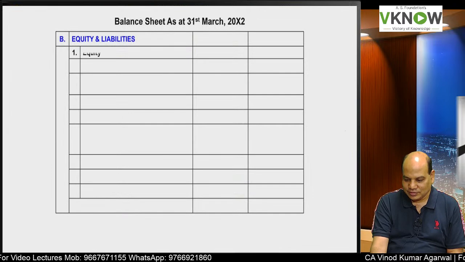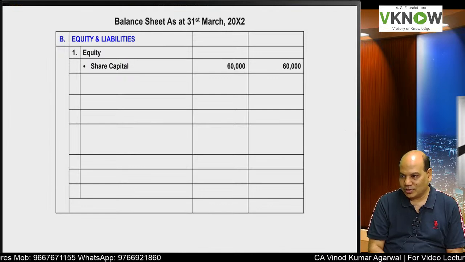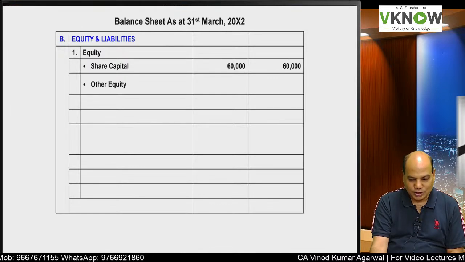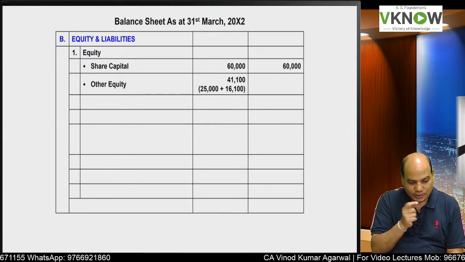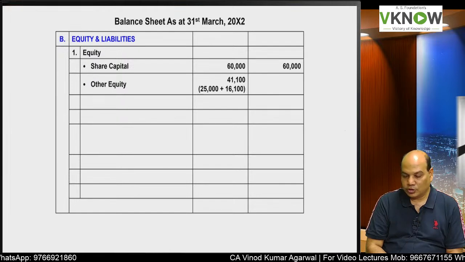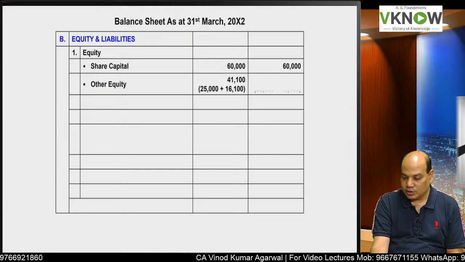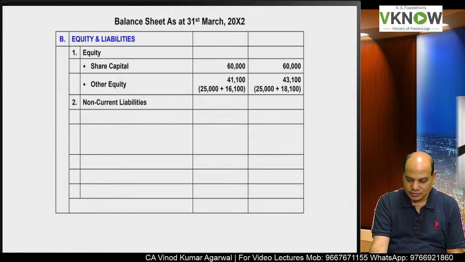Liability side, share capital will be the same. Take from the opening balance sheet, 60,000. Other equity, P&L account will change. Add the profit of going concern in the opening profit, 41,100. Anybody second column? 25 plus 18,100. 43,100.